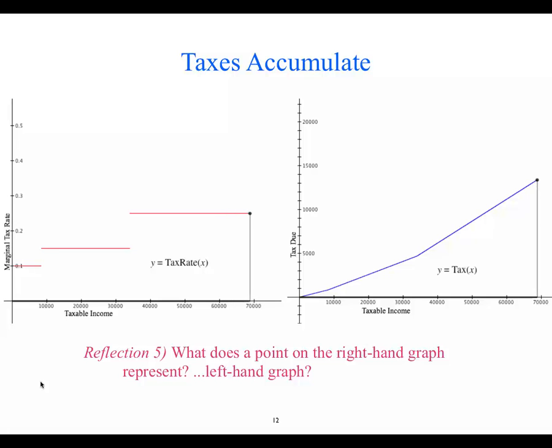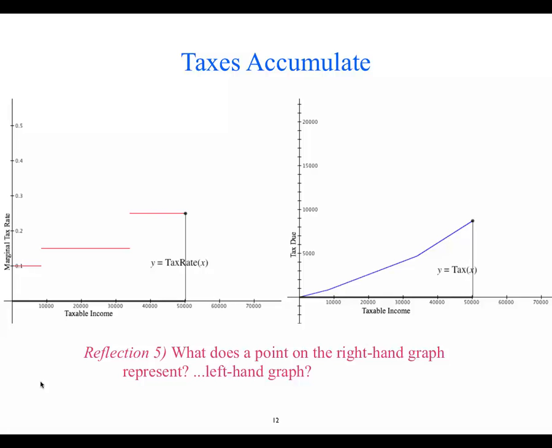Where do you find that value? Y-axis. The point represents the current value of income, but to find the value of the marginal tax rate, it's on the y-axis.